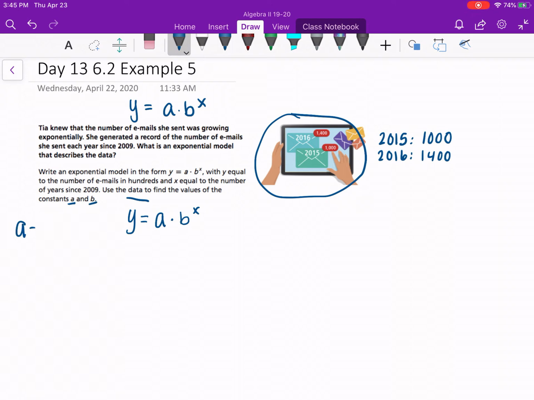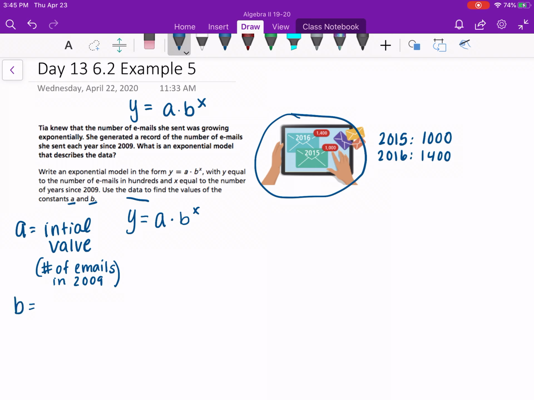We know that a is the initial value. For us, that's the number of emails, not at the beginning of time, because she didn't start tracking it until 2009. That's our initial value, how many emails she had starting in 2009.